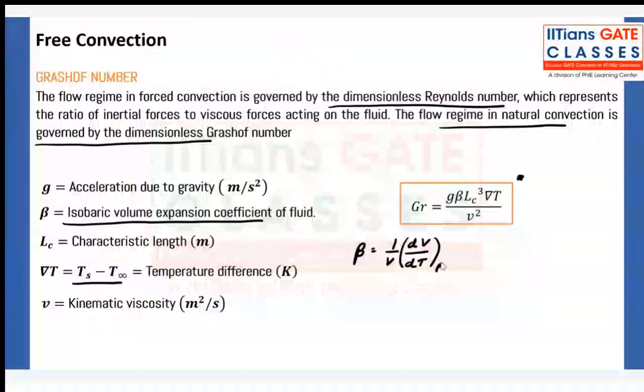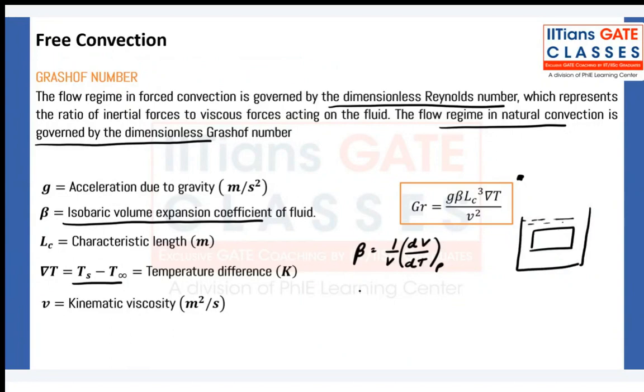How the volume is changing with the temperature at constant pressure. For example, there is a body dipped in water. This is water and this is your body at higher temperature. If its temperature is going to increase, its volume is going to increase, expansion will happen, right?